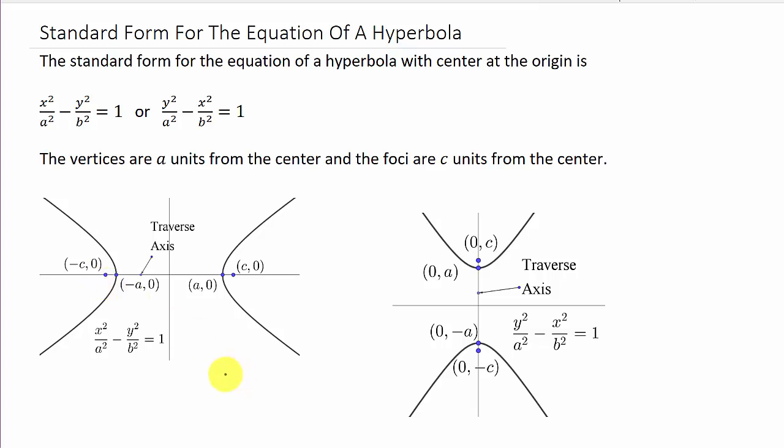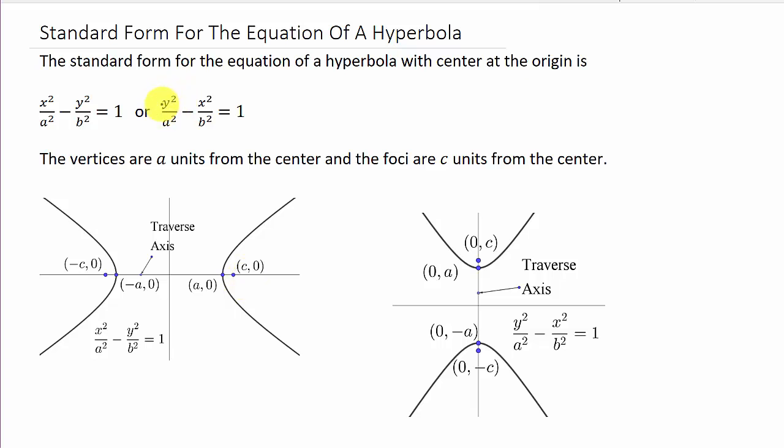Notice here the a is under the y, so a is how far we go up and down from the center. When it's under the x, it's how far we go left and right. If we've got x squared over a squared minus y squared over b squared, notice the x term is before the y term, then that hyperbola is going to open left and right.